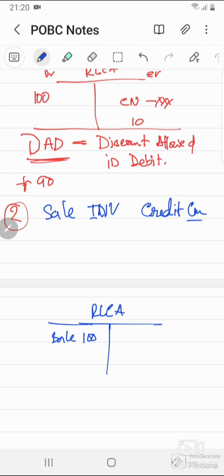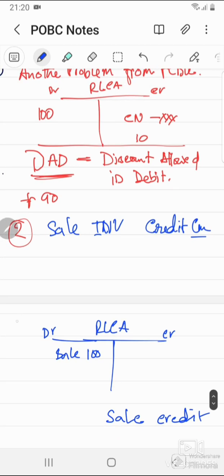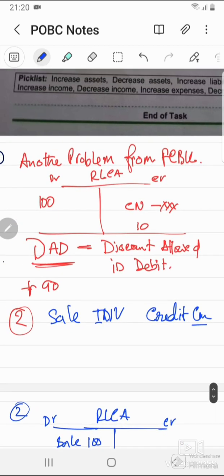So if in RLCA this transaction has happened, a sale of £100, the opposite transaction will be sales credit. So this is number 2.